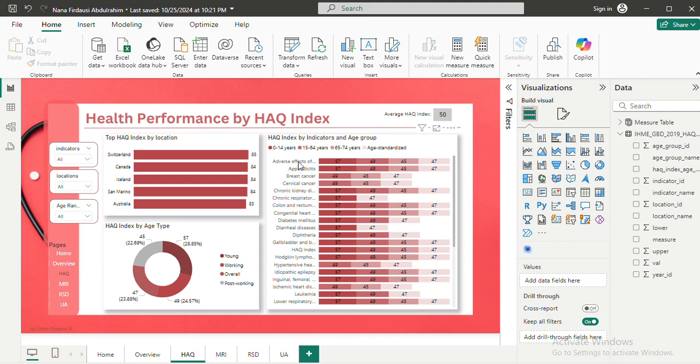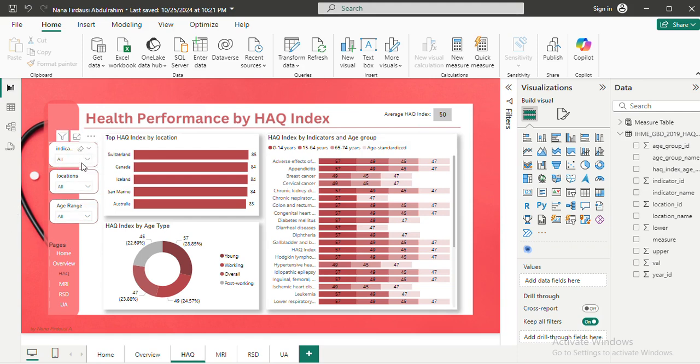From this appendix, you can see that age 0 to 14 has the highest access to treat appendix, and then 15 to 64 are the next with the highest access, then 64 to 72, then age standardized. So here you can see which age group has the highest healthcare access to treat different diseases.